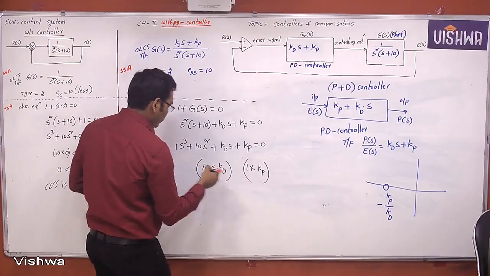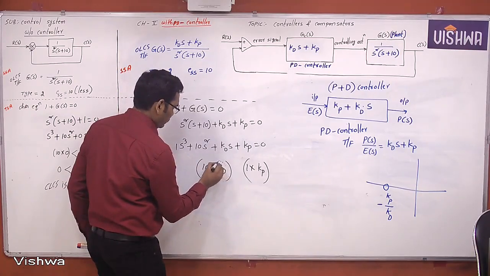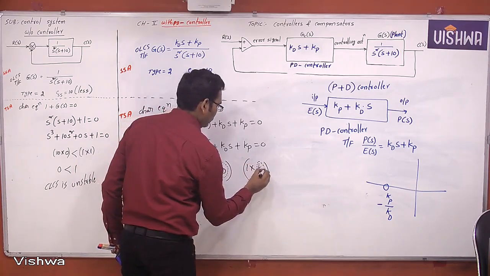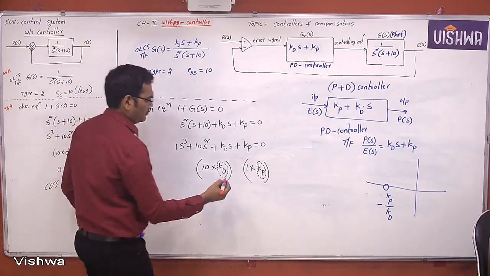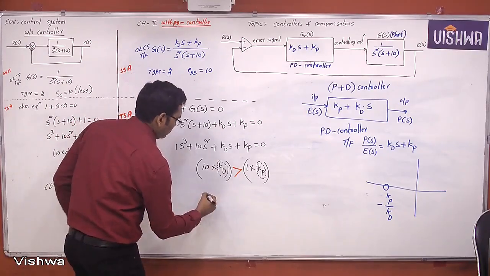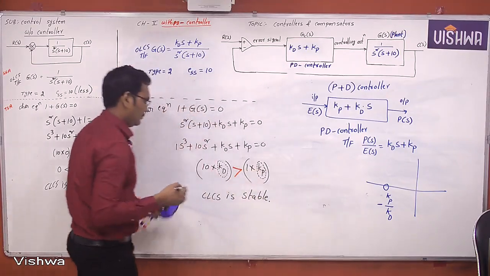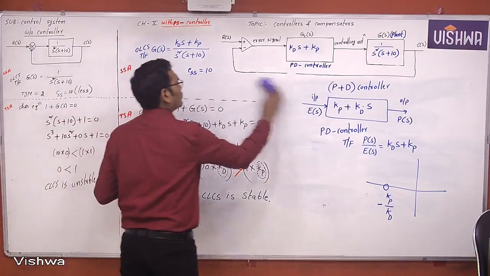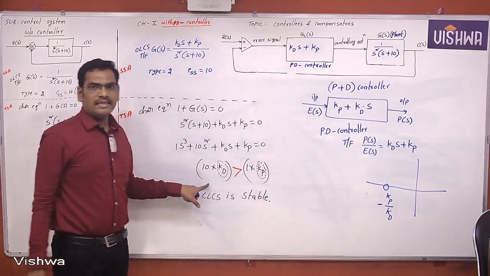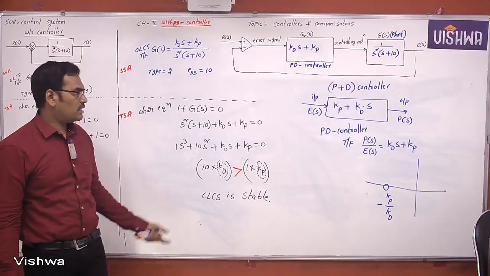Now if the internal quotient product is greater than the external quotient product, then definitely the closed loop control system is to be stable. Okay, note on this.